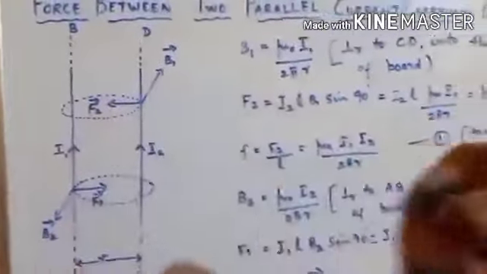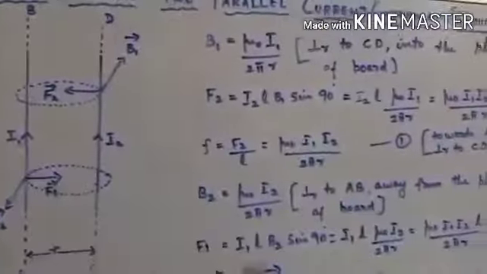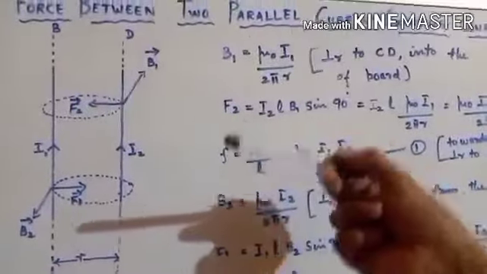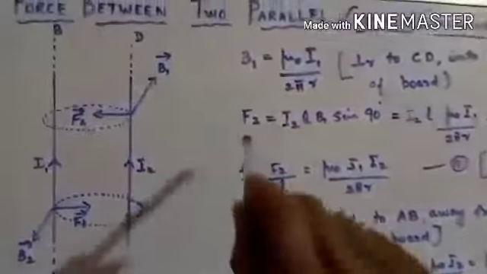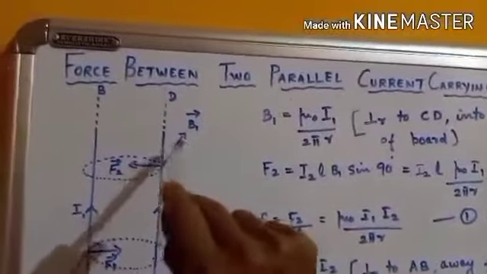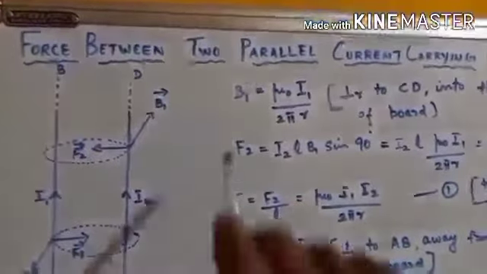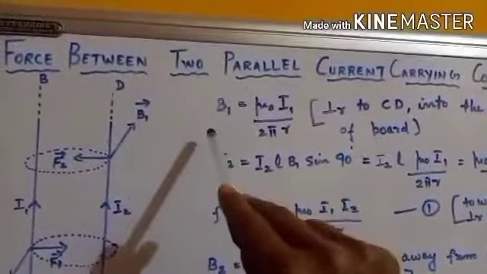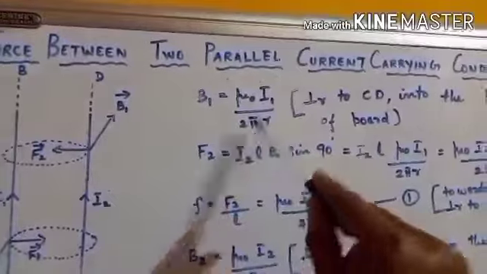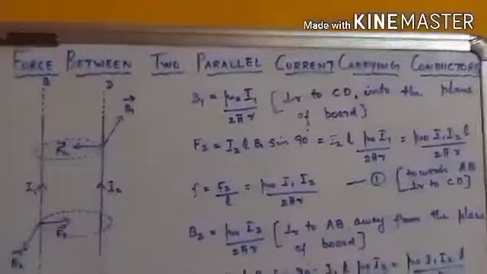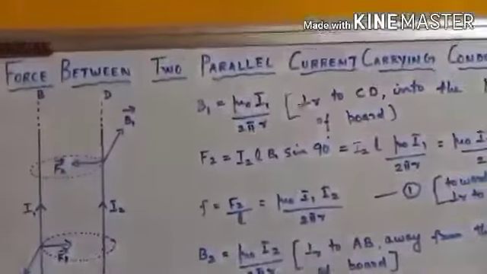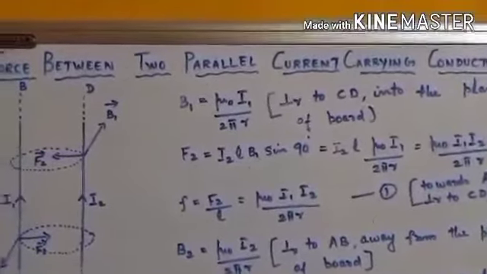If it is anti-clockwise, then on the right side, the tangent will be into the plane of the board. That's why I have represented the direction of B1 here into the plane of the board. The magnitude we already know: B1 is equal to mu naught I1 divided by 2 pi r. The direction is perpendicular to the conductor CD and into the plane of the board.